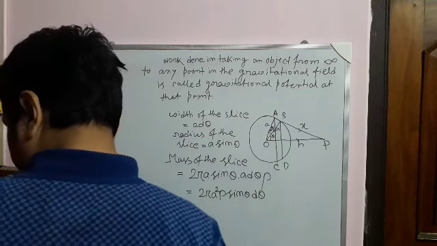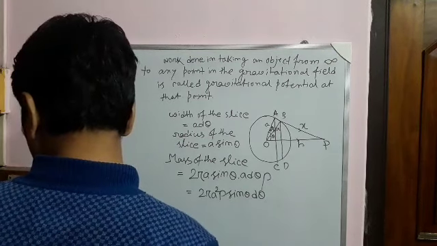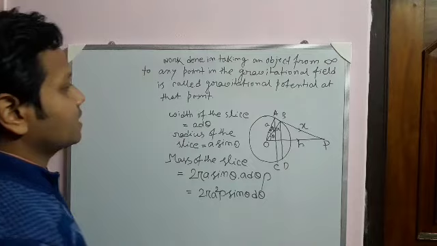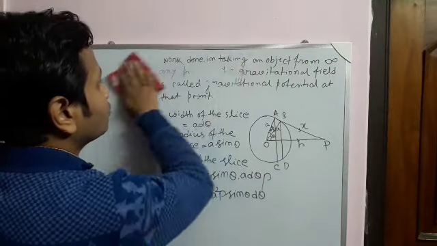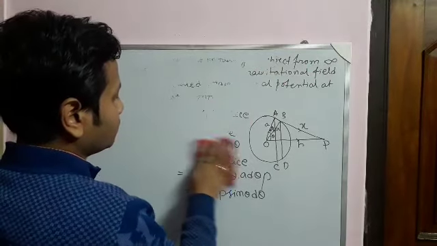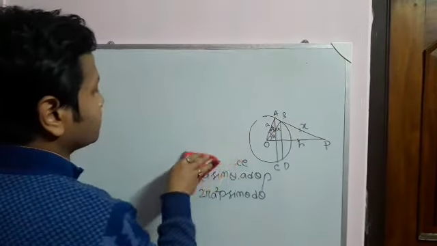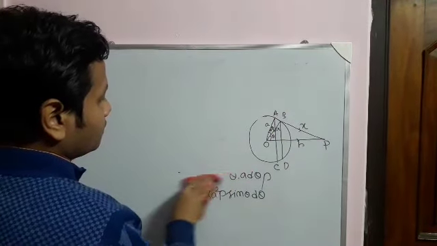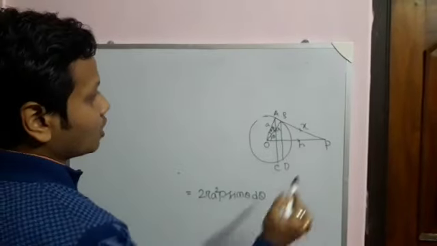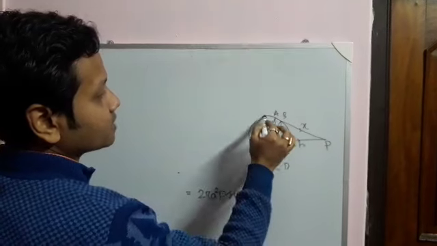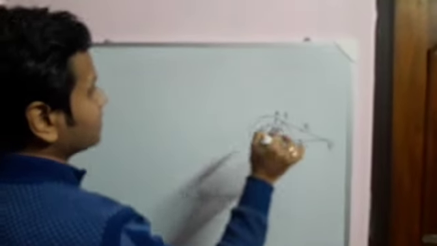Now this is the mass of the slice. Now we all know the formula of gravitational potential. What is it? Minus GM by r. So what will be the potential at P due to this slice?